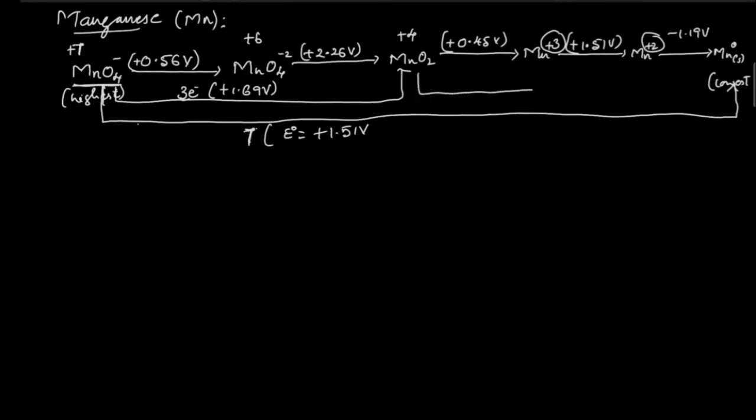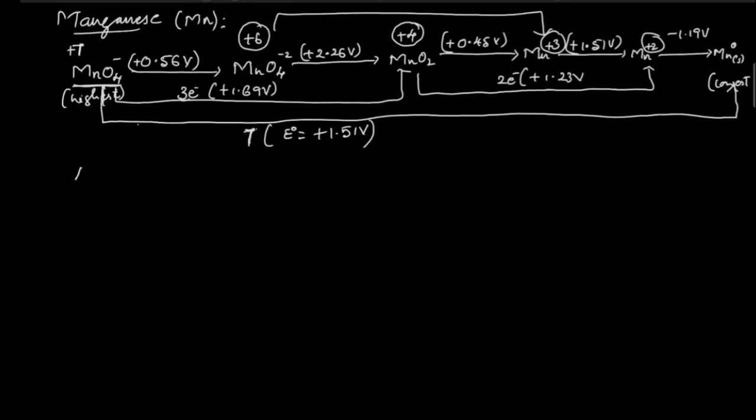In a similar way, Mn plus 4 can get converted into Mn plus 2. For this, plus 4 is the oxidation state, here plus 2, there are 2 electrons involved in this reaction. For this, E naught value is plus 1.23 volt. And you can calculate many non-adjacent species.